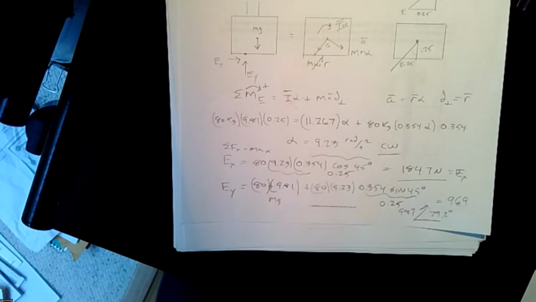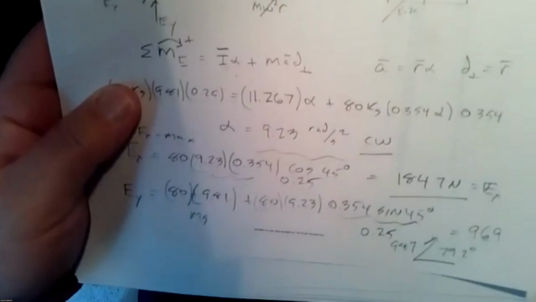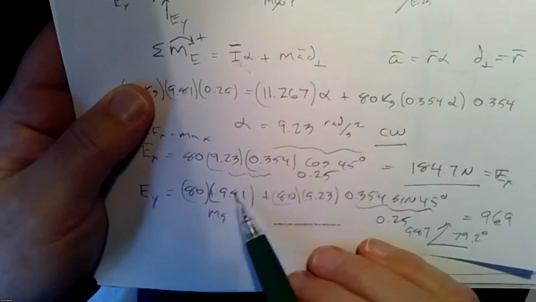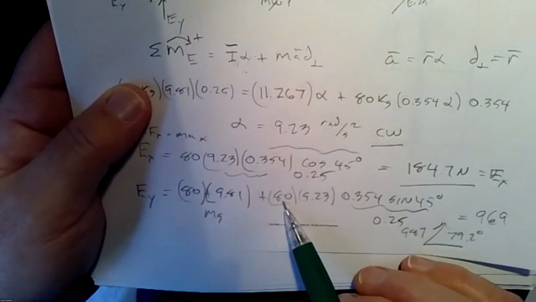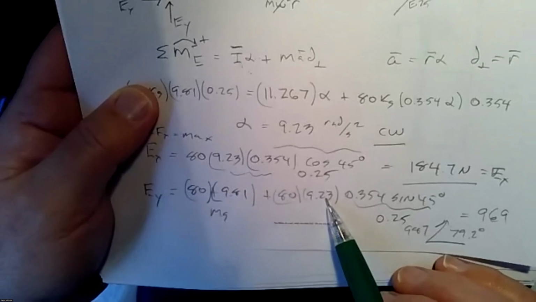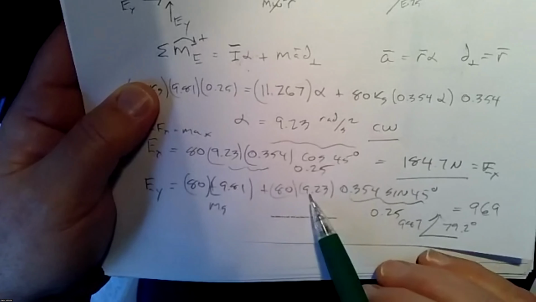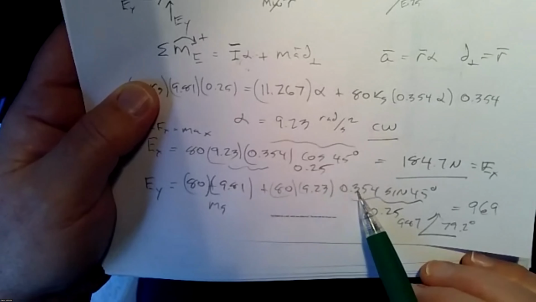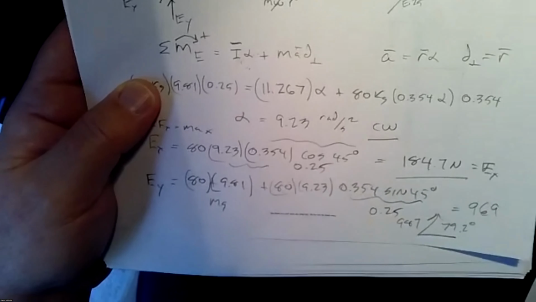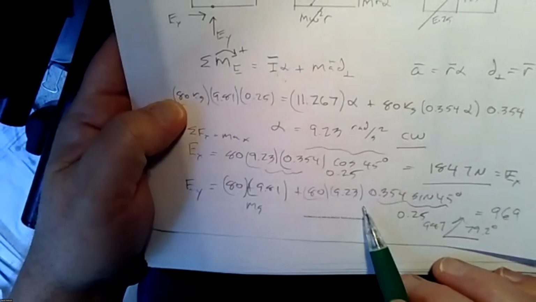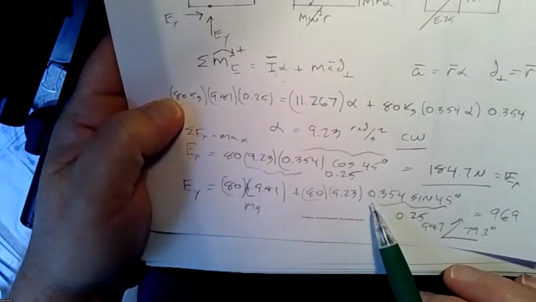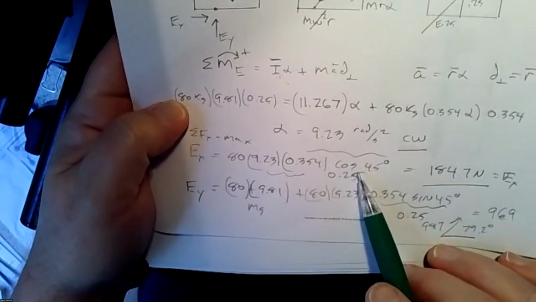All right, let me show you that a little closer. So mass times gravity plus mass times acceleration, right? And then times distance.